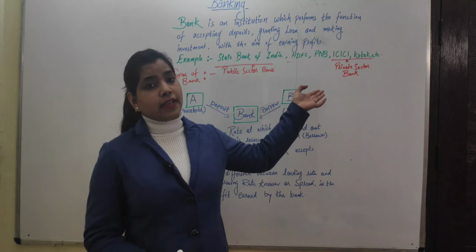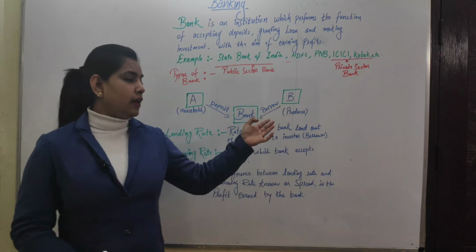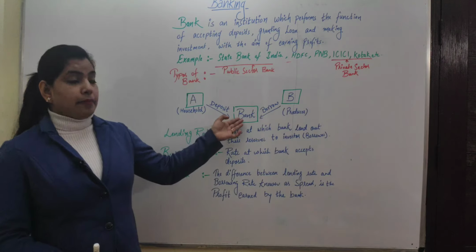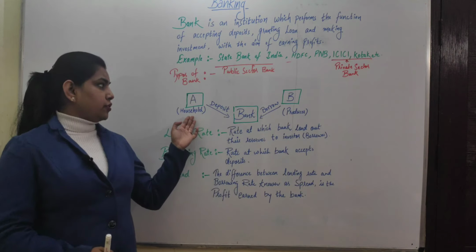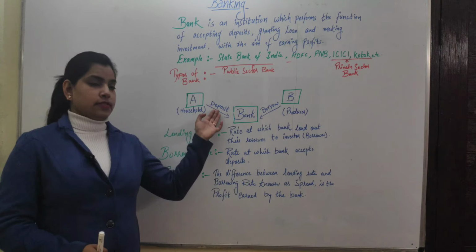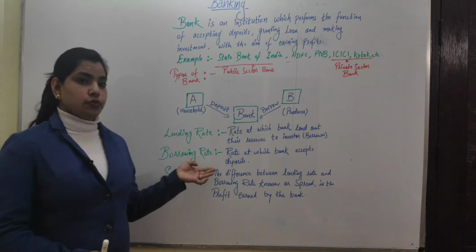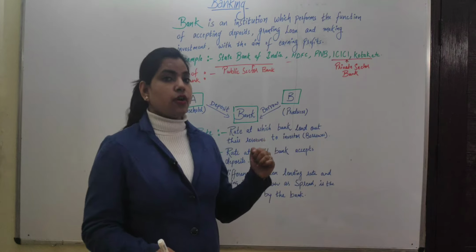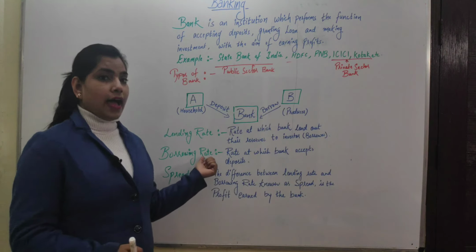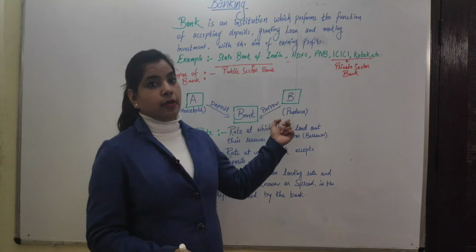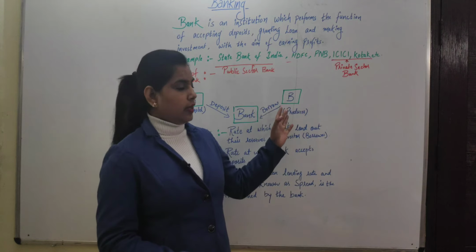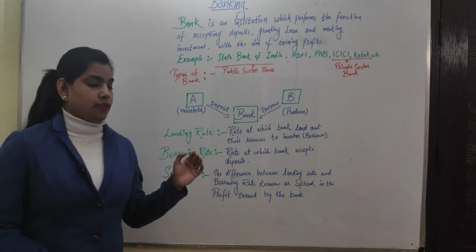So, to expand his business, B borrows some money from the bank, and the bank provides some interest to A for his deposits. Students, the rate at which the bank accepts the deposits is called the borrowing rate, and the rate at which the bank charges interest to its borrower is called the lending rate.